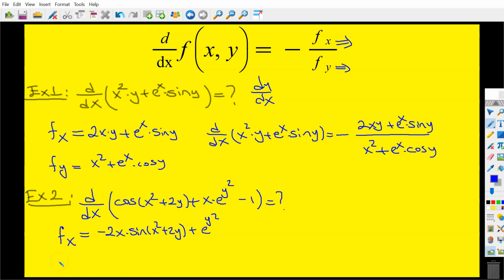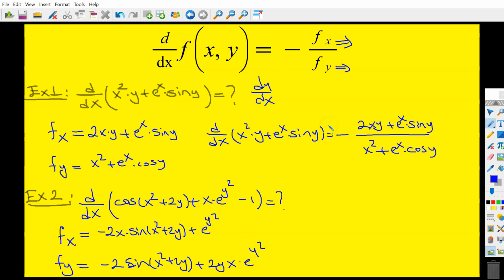Now let's figure out f prime y, the partial derivative of this implicitly defined function with respect to y, and that'll be equal to negative 2 sine of x squared plus 2y, plus 2yx times e to the power of y squared.